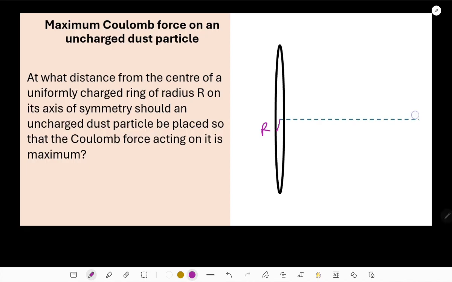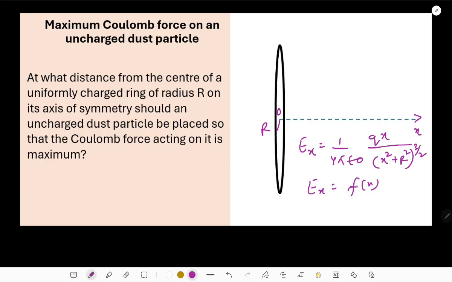If I take this axis as the x-axis and the origin at the center of the ring, I could remember the formula that the electric field at a distance x from the center of the ring can be simply written as 1 upon 4 pi epsilon naught, that's in vacuum, times Qx over (x square plus r square) raised to 3 by 2. So this is a function of x. Yeah, this is variable.